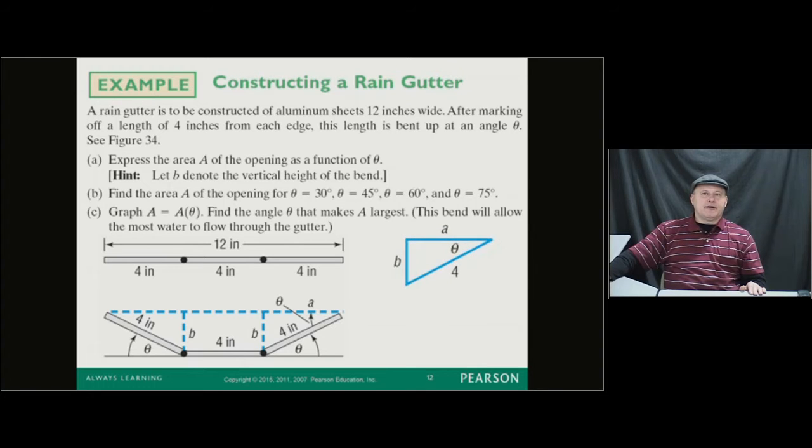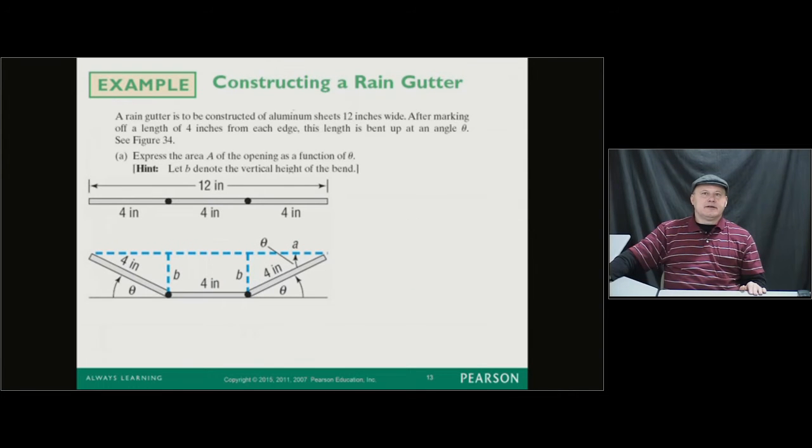So the area is 4B, the area of the rectangle, plus 2 times 1/2 AB. The reason it's 2 times is that there are two individual triangles, and 1/2 AB is the area of each. B is its base, and A is its height.